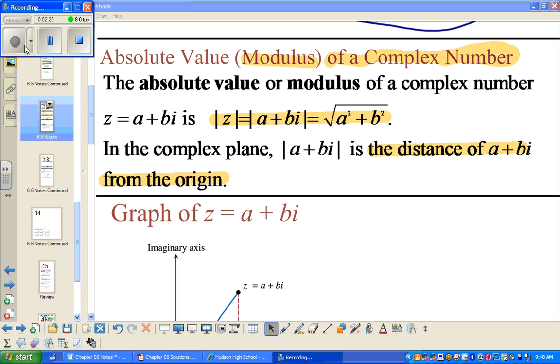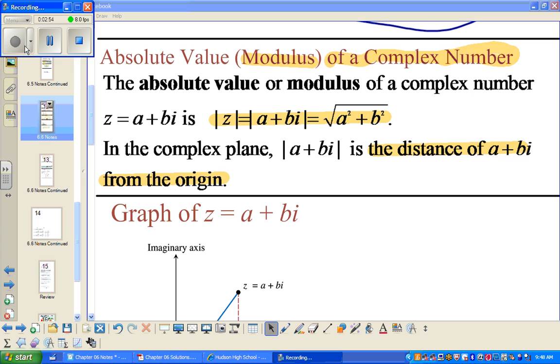The absolute value of a complex number is how far away that number is from the origin, where the absolute value of a normal number that you're used to is how far away that number is from 0. It's the same concept. I just don't want you to think you can just make the complex number negative like you could with the numbers you've been used to working with.